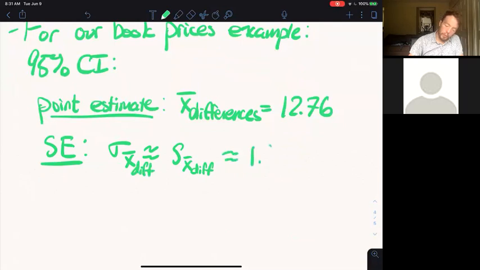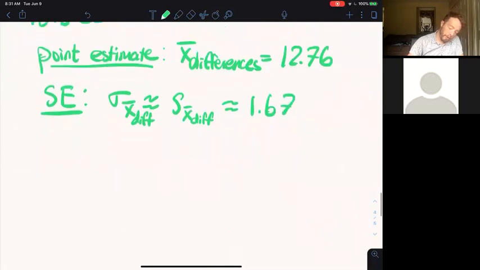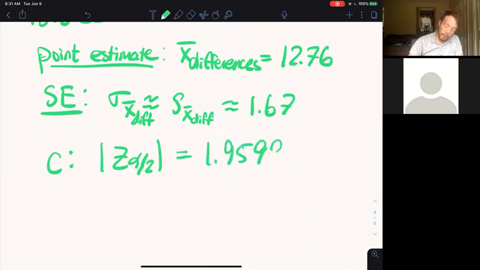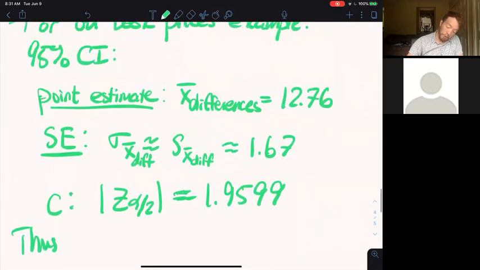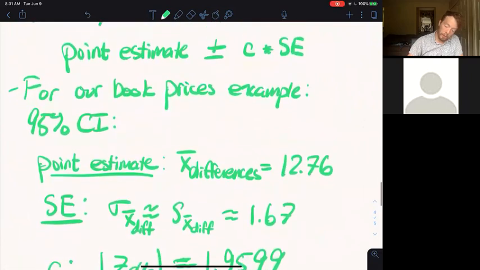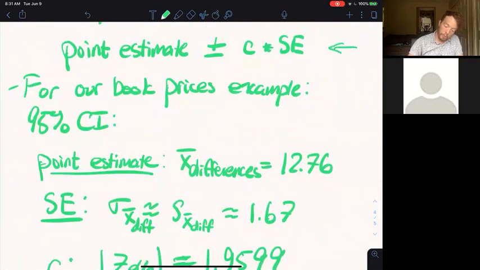Which was around 1.67. And then our critical value was actually the same thing it always is. Z of alpha over 2, the absolute value of Z of alpha over 2, which here is around 1.9599.